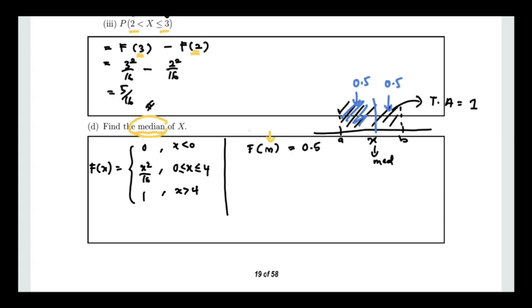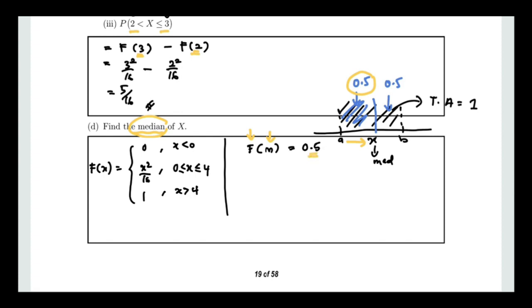Why should it be capital F? Because capital F refers to the cumulative. We want to accumulate from the beginning until what value of x, which is m here, so that the total area is 0.5.